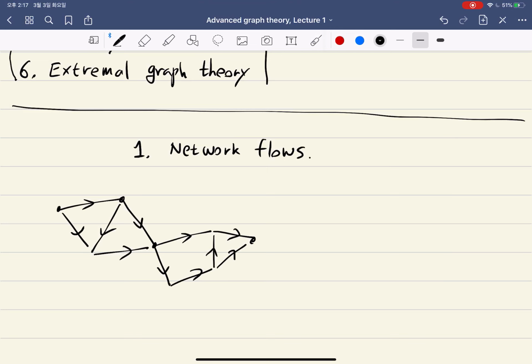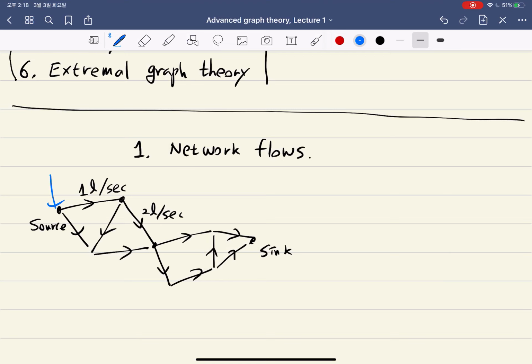Let's say in this pipe, you can only flow 1 liter per second. And here you can flow 2 liters per second, and so on. And then there are some places, say a source and a sink. At the source, the water is provided. So water is going in here, and then water flows through this pipe.